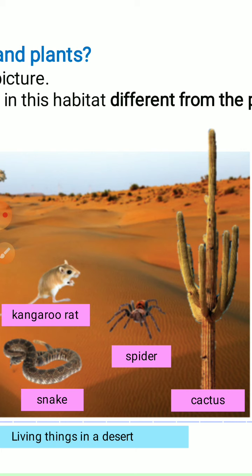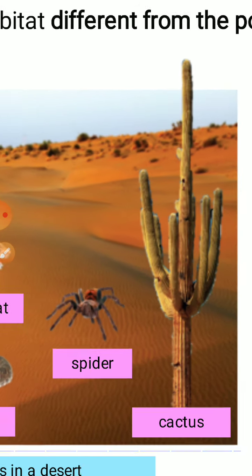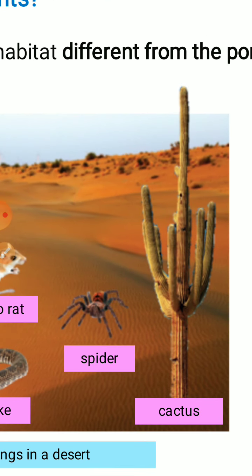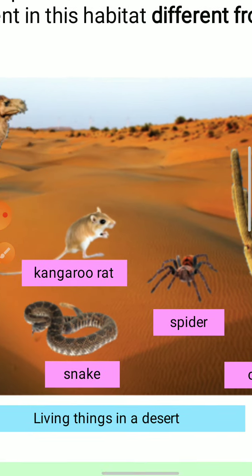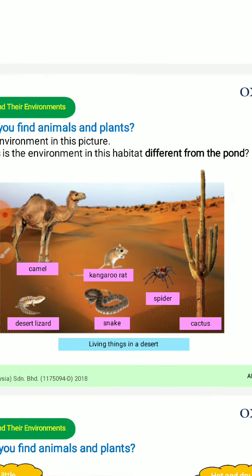The cactus can adapt itself to live in the desert, because the cactus can store much water in its body. So the cactus can adapt itself in the desert because it likes to live in the desert. Okay, understand? It is easy, right?